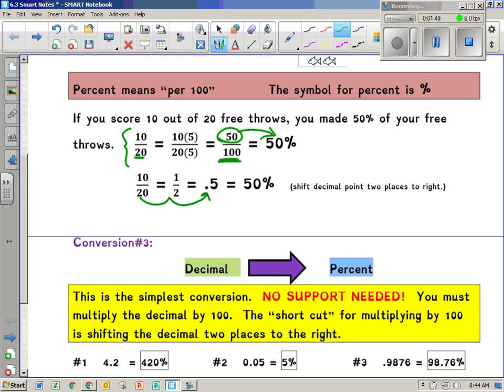So the decimal moves 2 places to the right, so that would give you 50%. Not to be confused with 5%. 5% would be 0.05, and you'd move it 2 places. So you don't want to get those mixed up, the big difference.